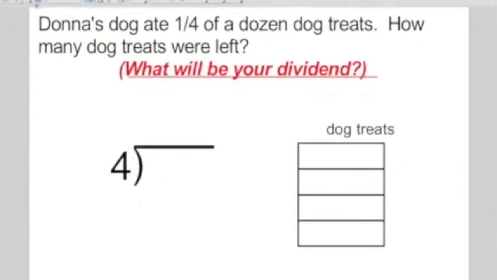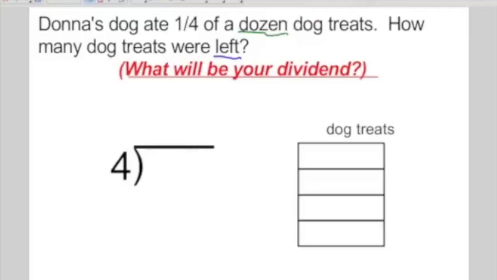Check out this one. Donna's dog ate 1/4 of a dozen dog treats. How many dog treats were left? And I know my denominator is 4, but I'm dividing 4 by what? What's going to be our dividend? I have no other numbers in this problem, but I have a word right here that says dozen.